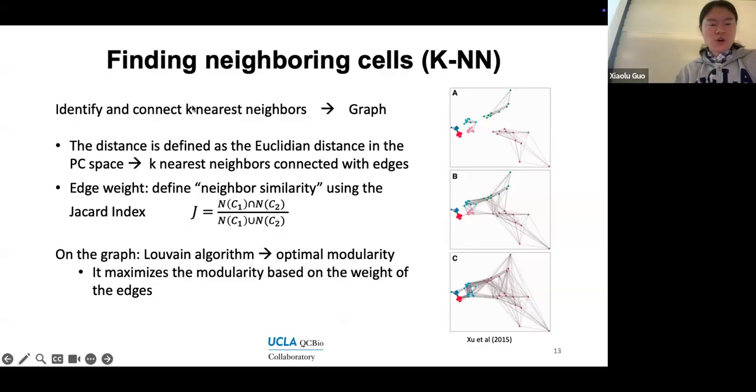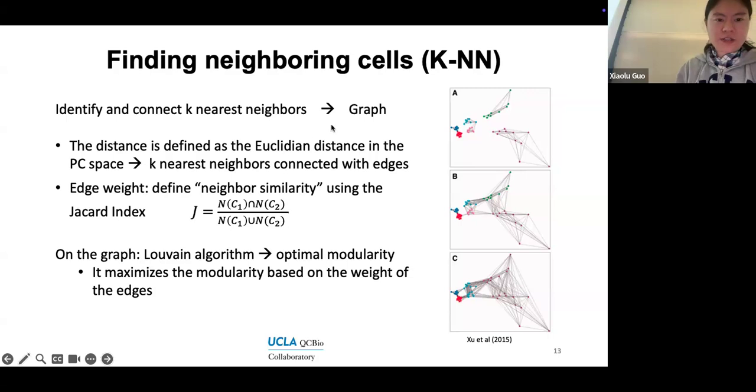The parameter k is basically, for each cell, how many other cells we call neighbors. For example, we can use k equal to 10. Then we assume that each cell will have 10 neighbors. How is that defined? It's defined by Euclidean distance.